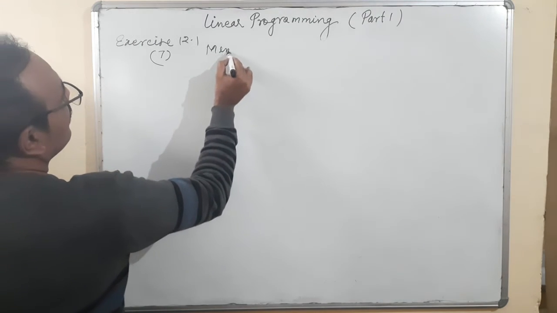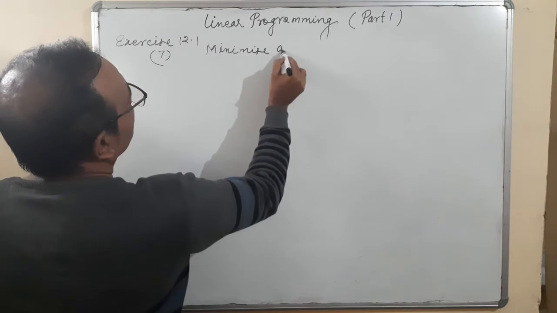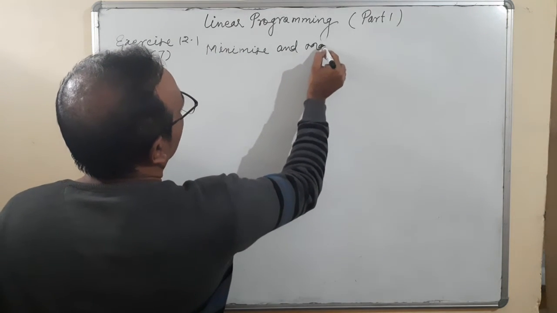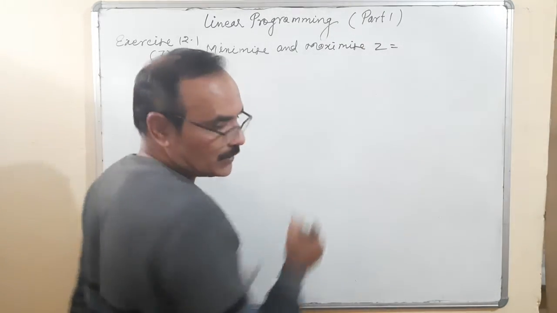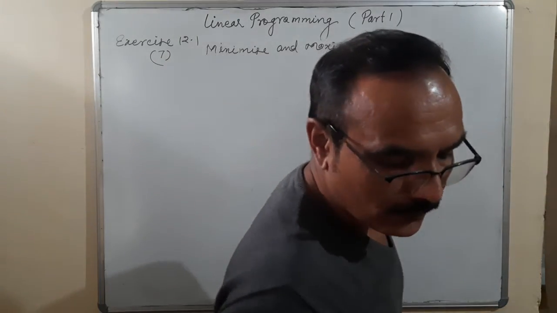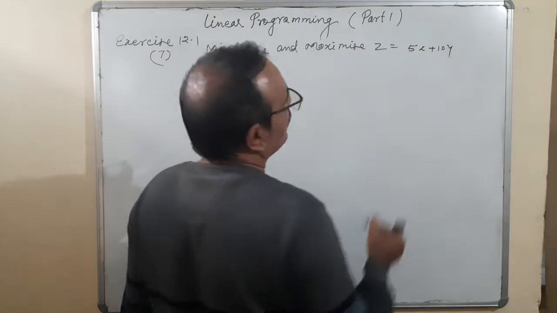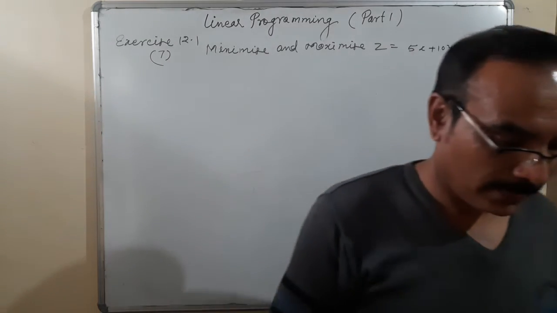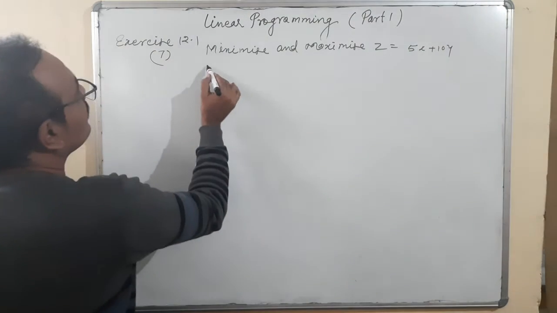Minimize and maximize Z is equal to 5x plus 10y, subject to x plus 2y is less or equal to 120.